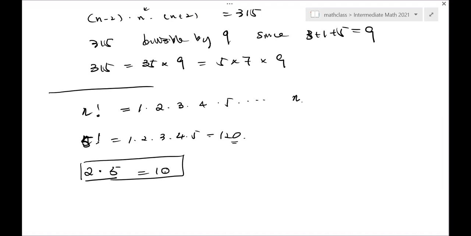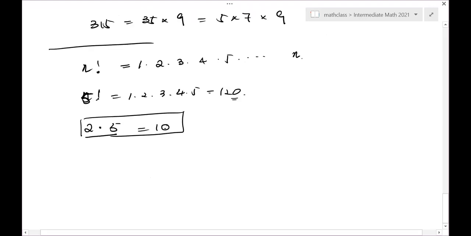All right. So now let's take a look at 10 factorial. 10 factorial is 1 times 2 times 3 times 4, 5, 6, 7, 8, 9, 10.